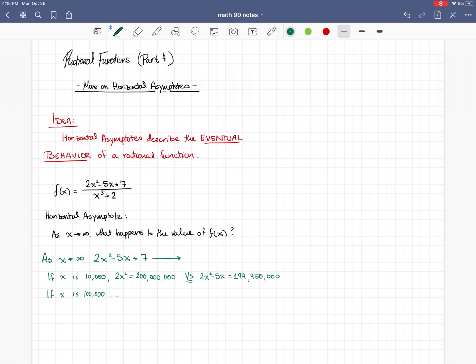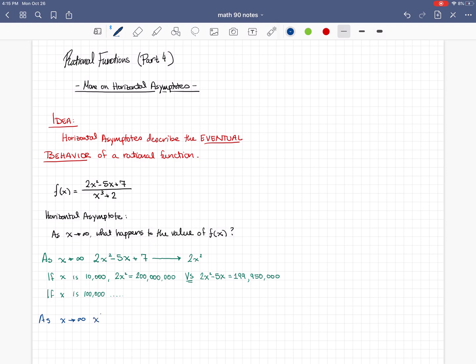It never stops. After 100,000, it will eventually get to 1,000,000. After that, it'll eventually get to 10 million, and so on. The bigger x gets, the less and less distinguishable 2x squared minus 5x plus 7 gets from 2x squared. By that exact same token, this is perhaps even more believable.